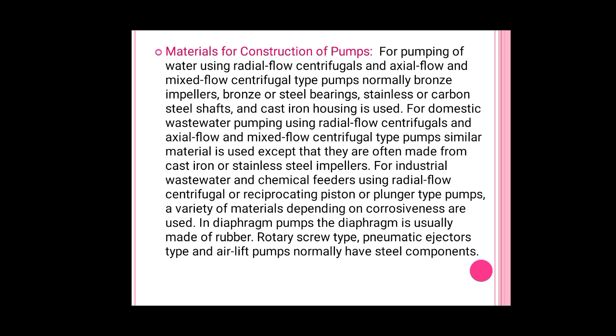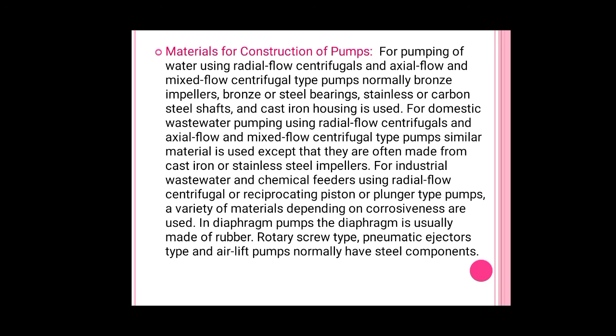For domestic wastewater pumping using radial flow centrifugal and axial flow or mixed flow centrifugal type pumps, similar materials are used except that they are often made from cast iron or stainless steel impeller.